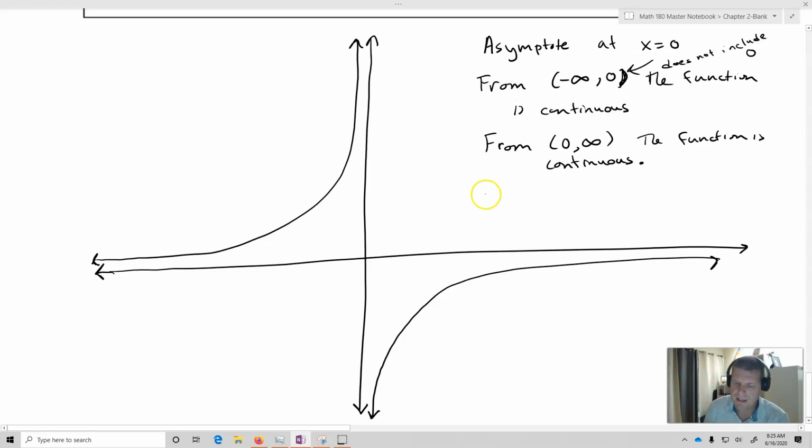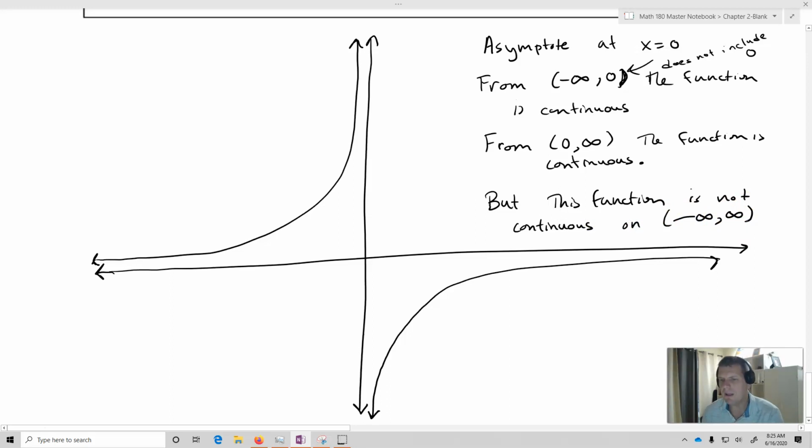But this function is not continuous on negative infinity to infinity, not on the entire real number line, because the limit as x approaches 0 of f does not exist.